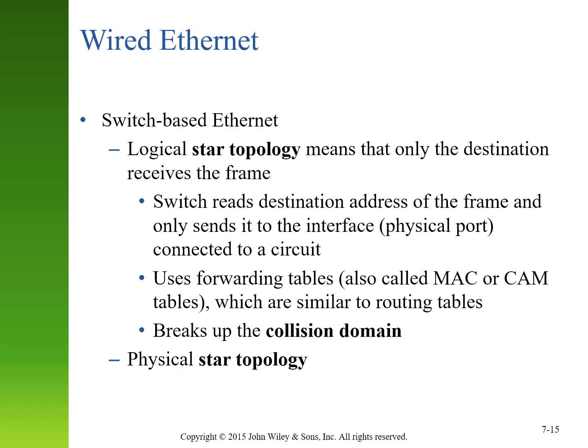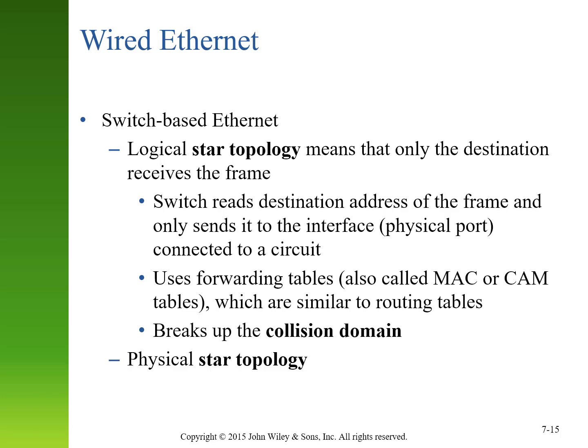This allows us to remove some of the collision issues that we had in earlier structures. It improves security quite a bit. It reduces the amount of overall bandwidth on the network. And the physical topology now matches the logical topology, where every device has its own dedicated circuit between it and the network device.